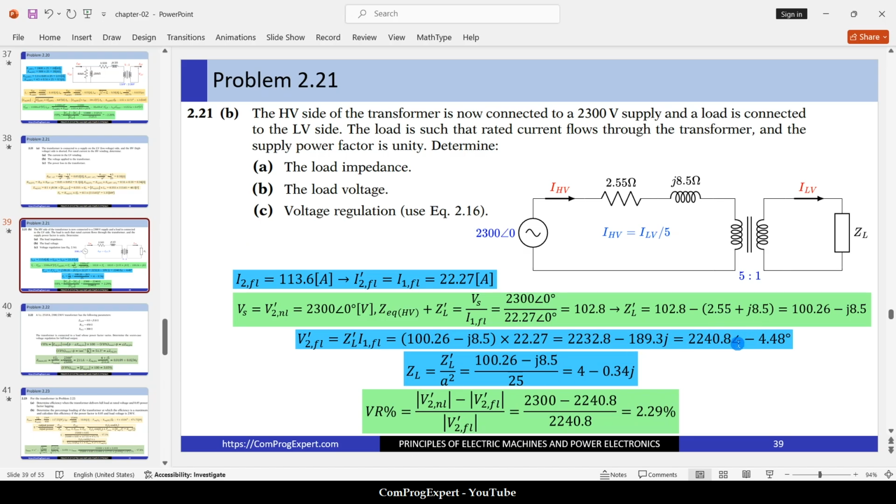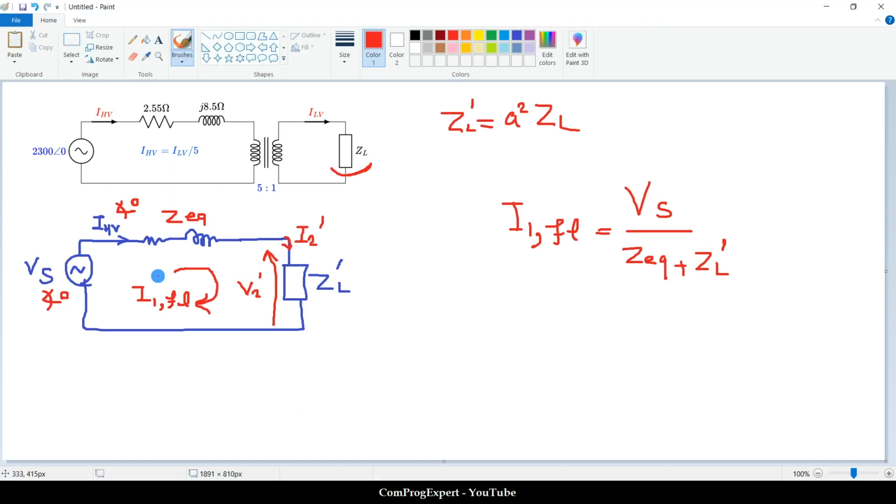So what is the value of the V2 prime for the full load condition? We should multiply the current by the impedance of the load. So V2 prime for full load is equal to ZL prime times I1 for full load condition.